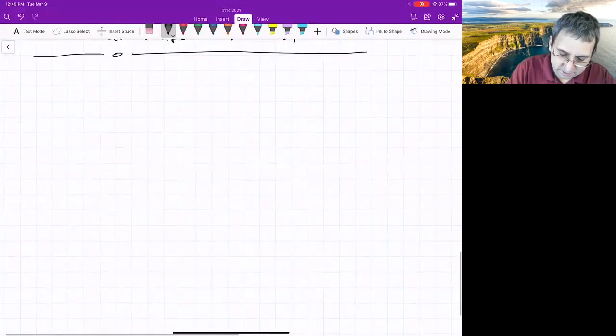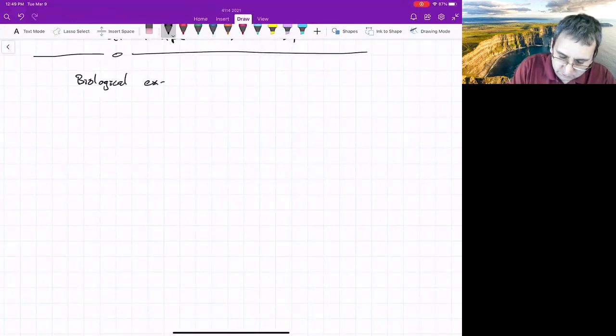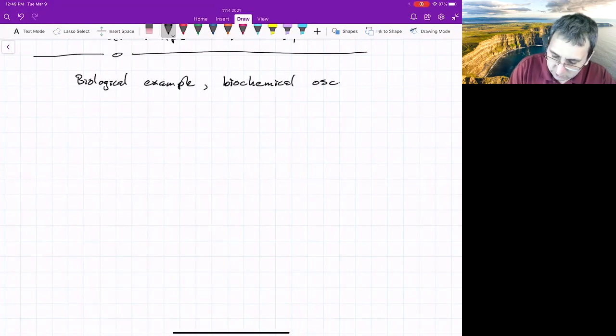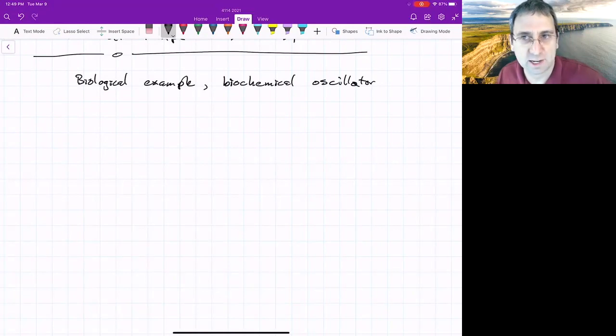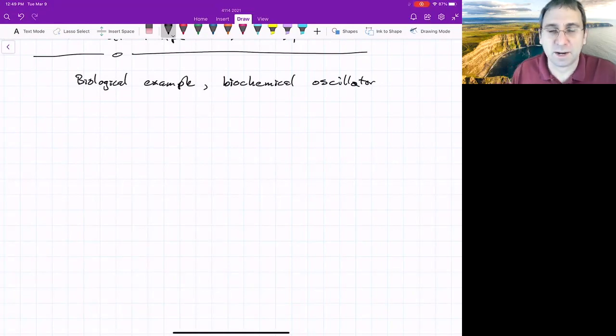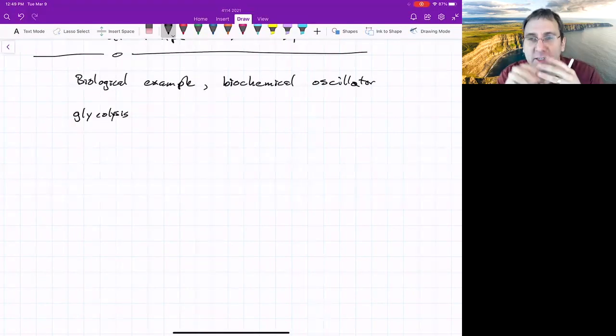This is a biological example. It's more of a biochemical example. It's a biochemical oscillator. Well, that's what has yet to be proven. So this is a biochemical process called glycolysis, and this is how living cells obtain energy by breaking down sugar.